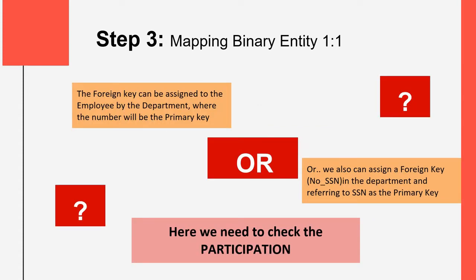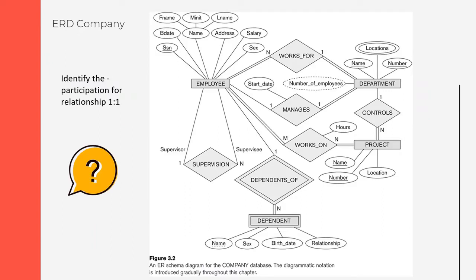What we have to do is choose which foreign key we need to assign to which corresponding entity. Here we need to check the participation. Referring back to the ERD, there is full participation in the department.